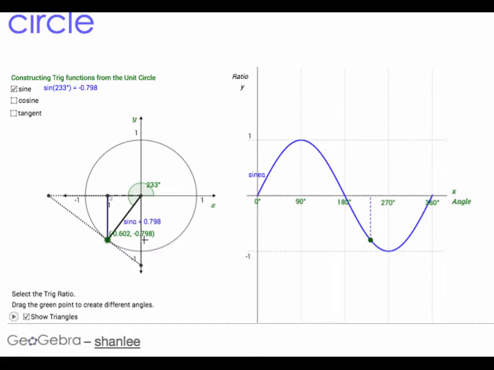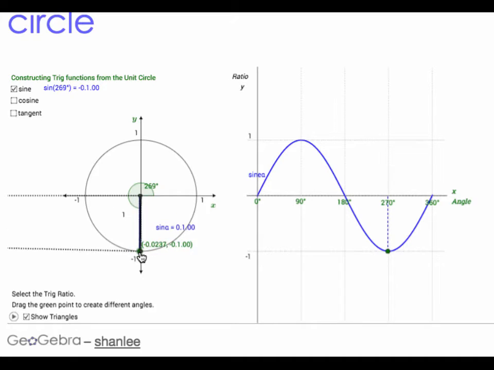So negative 0.798 divided by 1 gives me negative 0.798. When we get down here at 3 pi over 2, or 270 degrees, we reach the minimum value for the trigonometric function.